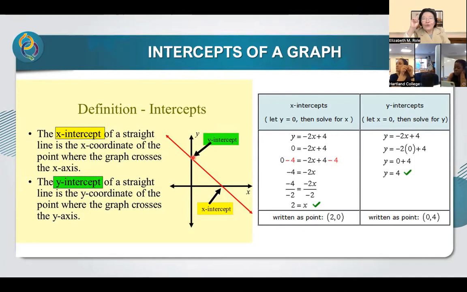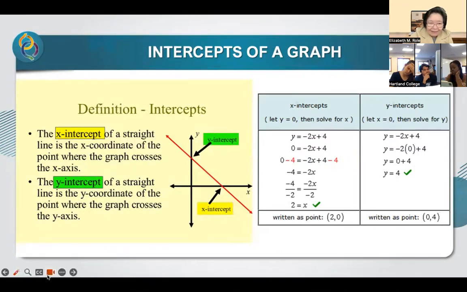If we only know the x and y intercepts, we already can graph the line. All right. So that's what we will be learning more. We can graph now the line, knowing the x and the y intercept.